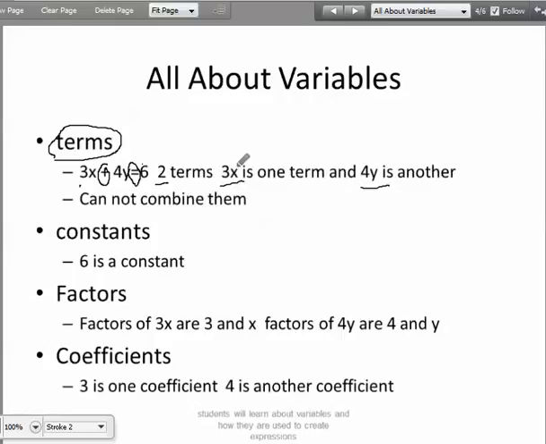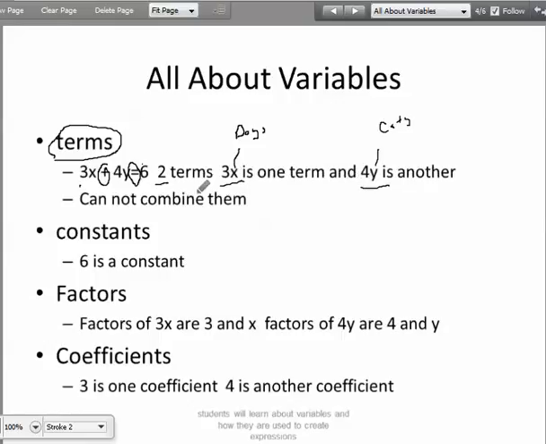For example, the x in this situation might represent dogs and the y represents cats. And you don't want to add them together because you're not looking for animals in this situation. You're looking for dogs and cats, and there's a reason why you have them separated.